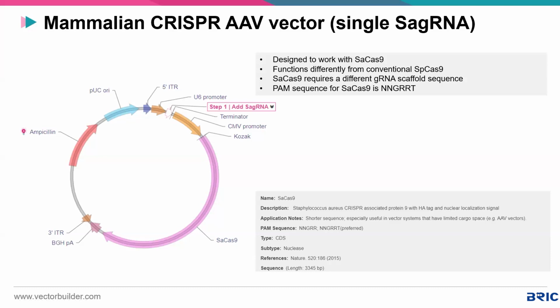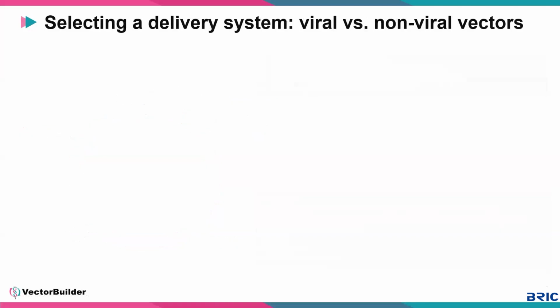All right, once you have answered all the questions and decided the right kind of vector components for your experimental needs, the next step is selecting a delivery system, and how you deliver the CRISPR components into your host cells. For this, broadly, there are two main categories: viral vectors and non-viral vectors.